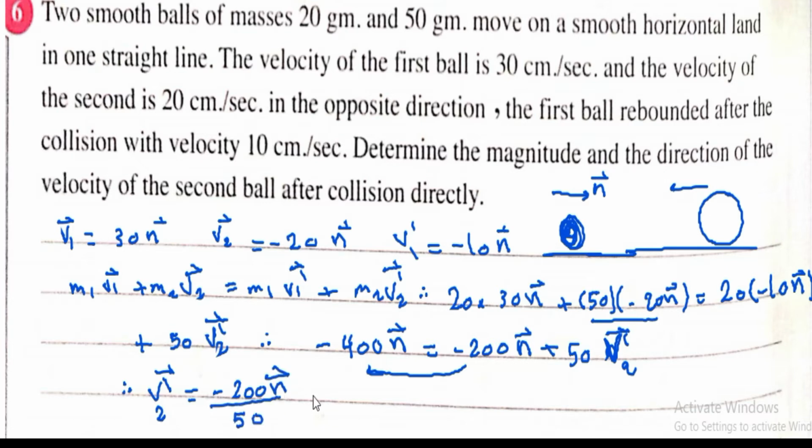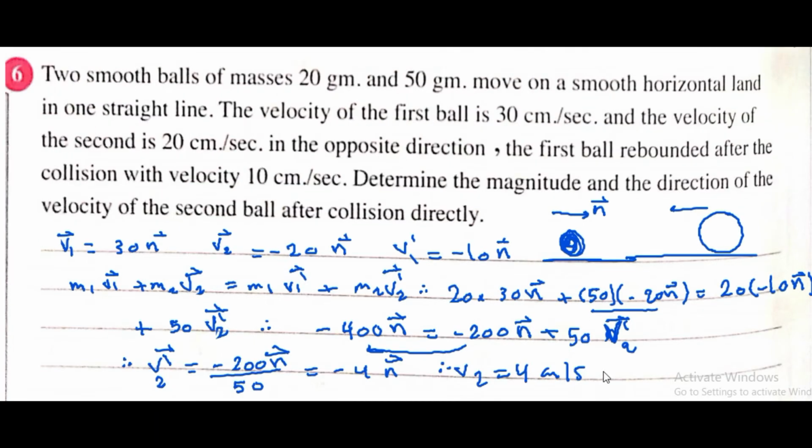It will be negative 4 N. So V2 equals 4 as a magnitude, centimeter per second. The sign is negative, so the second ball moves in the opposite direction of the positive direction, so it is in the same direction as its original motion.